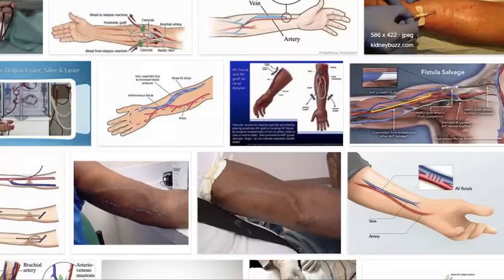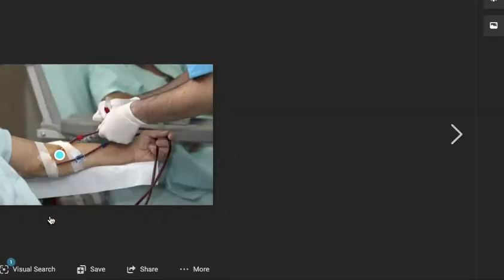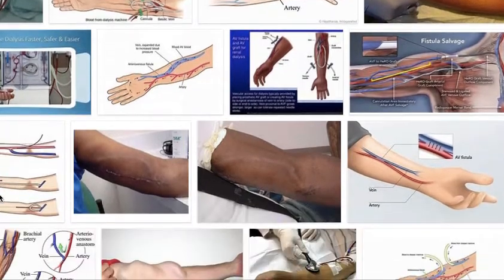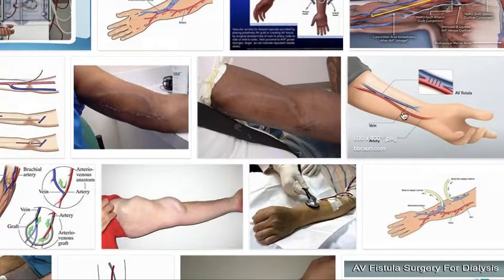So we refer them for fistula formation, and you can see over here they have inserted this line inside the fistula and connected the person. See, this is also an AV fistula, right?